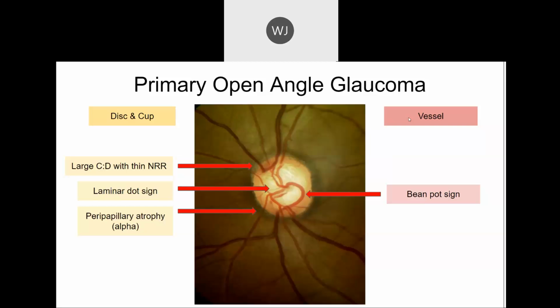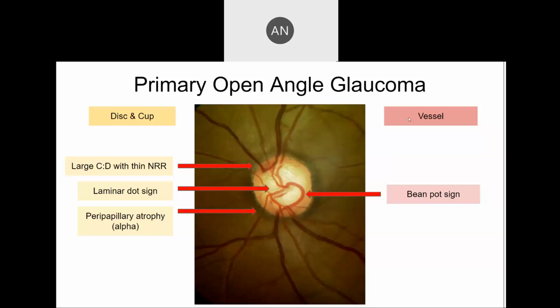And also you'll be able to see laminar dot sign. Maybe you need to zoom in by yourself to see it more clearly at the cup region. So this is actually because of apoptosis or necrosis of the retinal ganglion cells, leaving the substance behind.